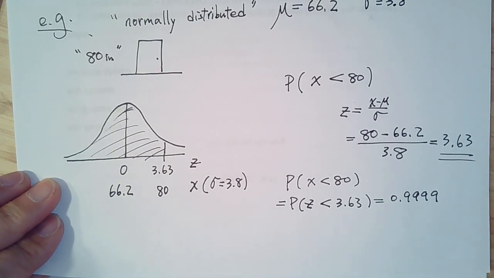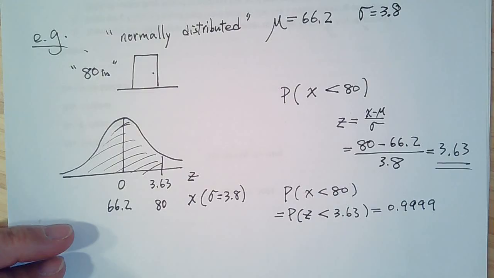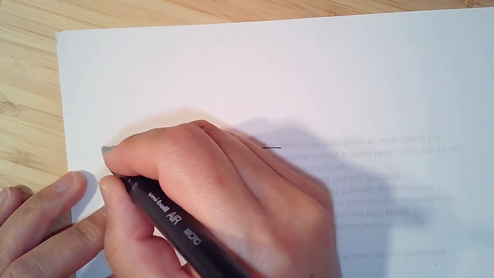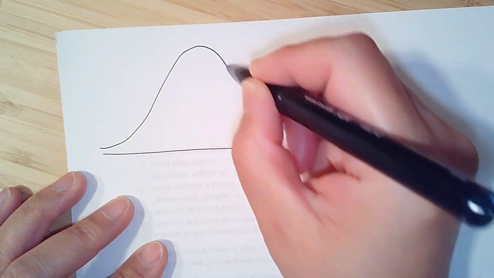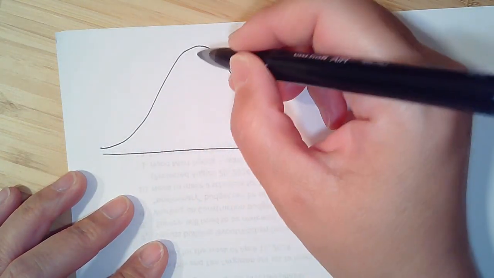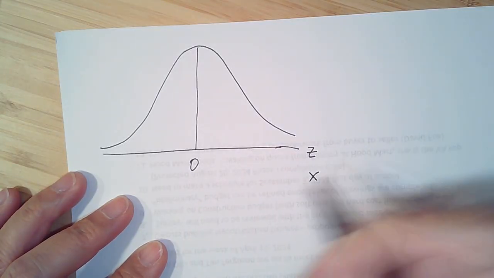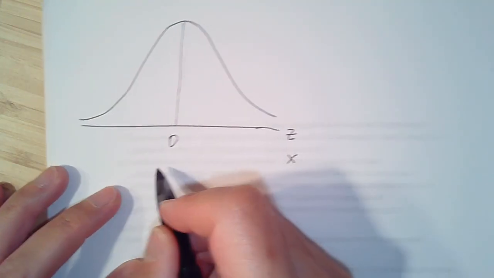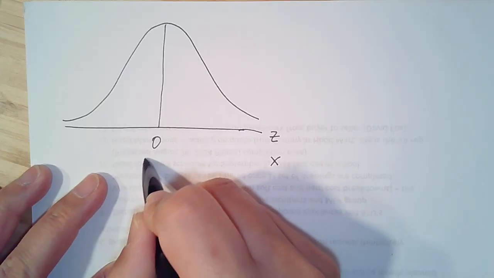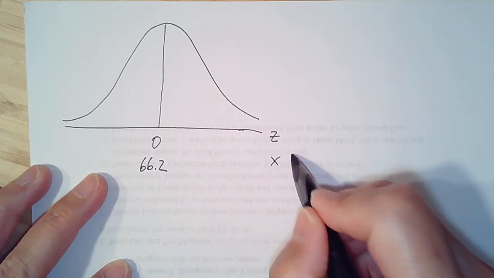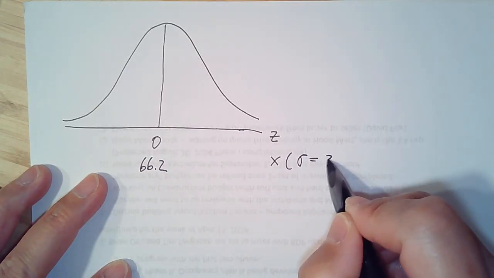There's another way to do it. Another way is to find the critical value. We are looking for, again, here's a 0 and here's a z, here's x. We put the mean here, 66.2, and I put here standard deviation 3.8.